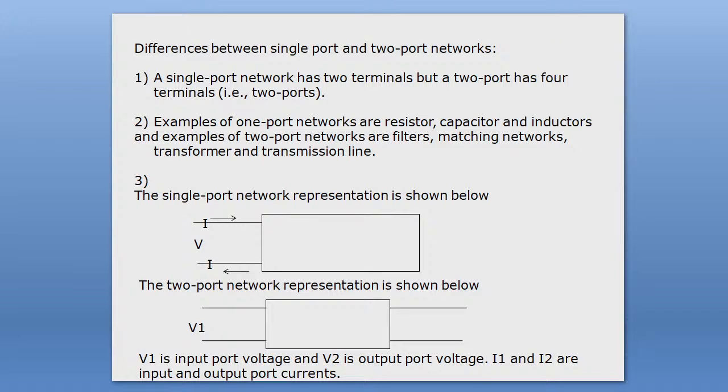I hope everyone knows about this parameter. This parameter is known as H parameter or hybrid parameter, and it is also known as mixed parameter. So H parameter is generally used to draw an equivalent circuit of a transistor, which is required for AC analysis of transistor.